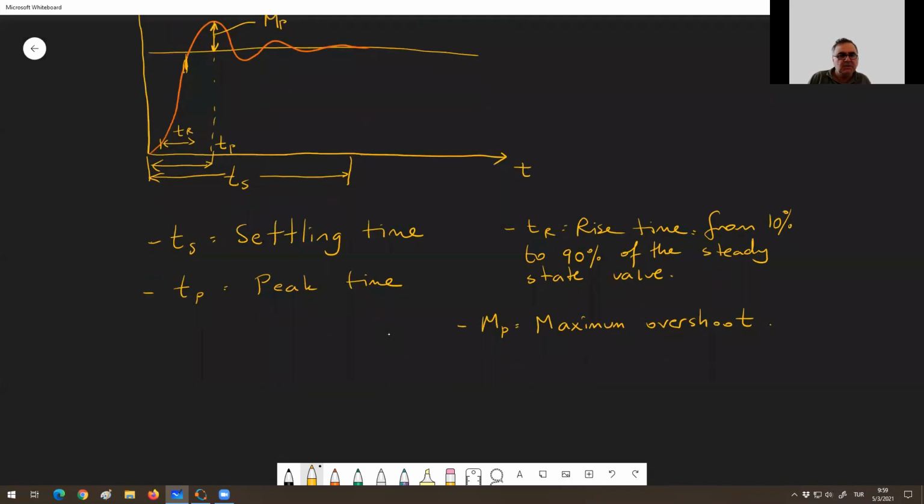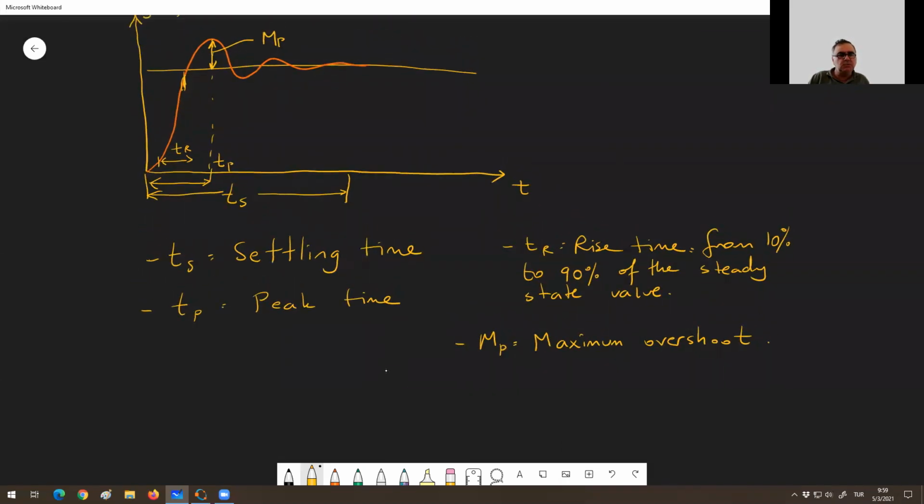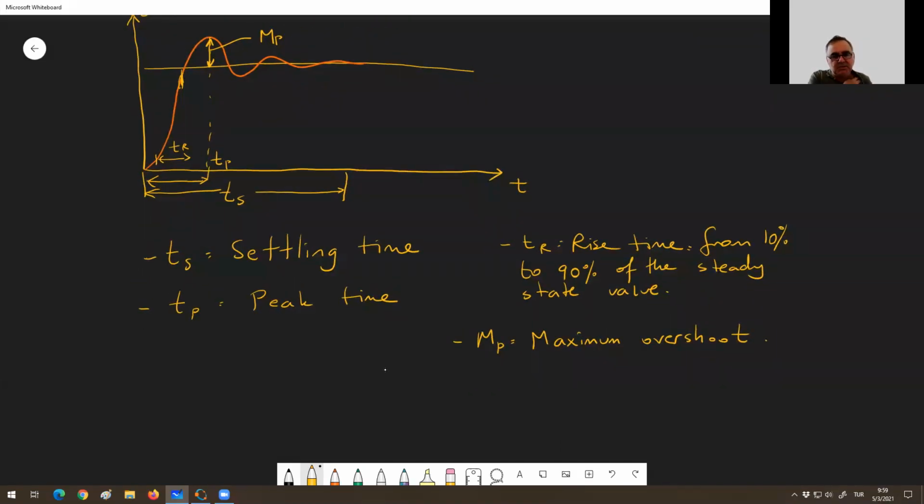As you see, we want all of these quantities, TS, TP, TR, rise time, and maximum overshoot, MP, as small as possible.